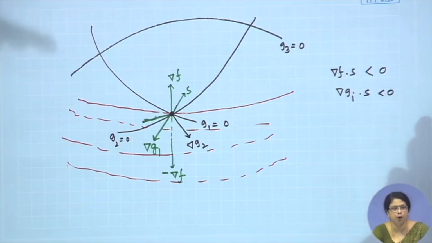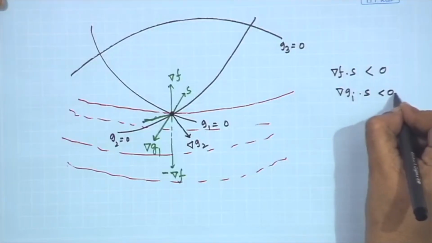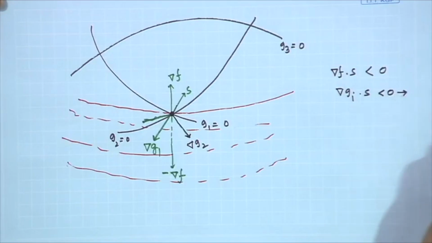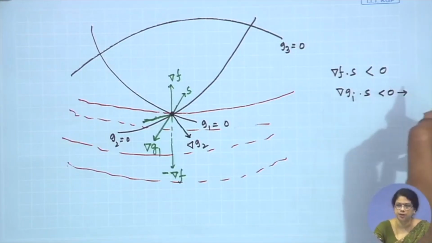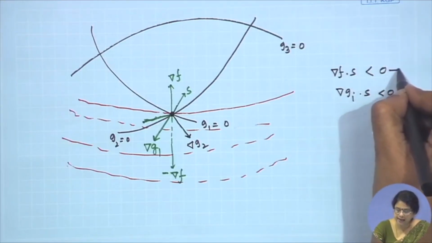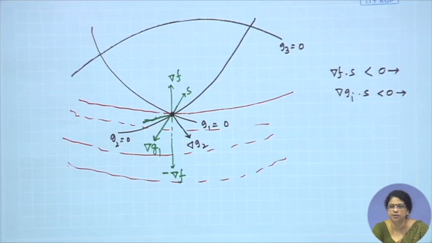From any point, we will find out what is the descent direction for the minimization problem and what is the ascent direction for the maximization problem, as well as what is the feasible direction from this point. This direction is for the feasible direction. This direction is for the ascent direction.